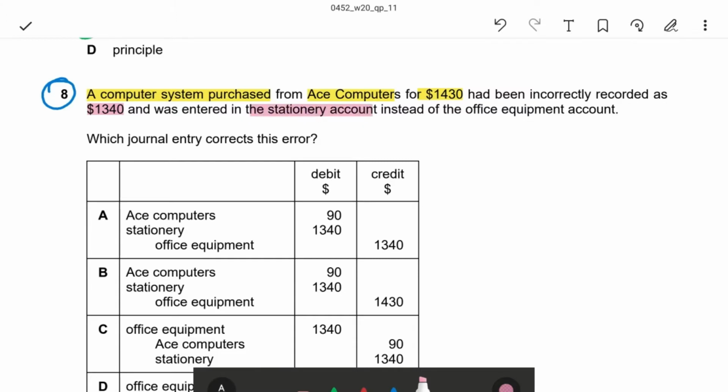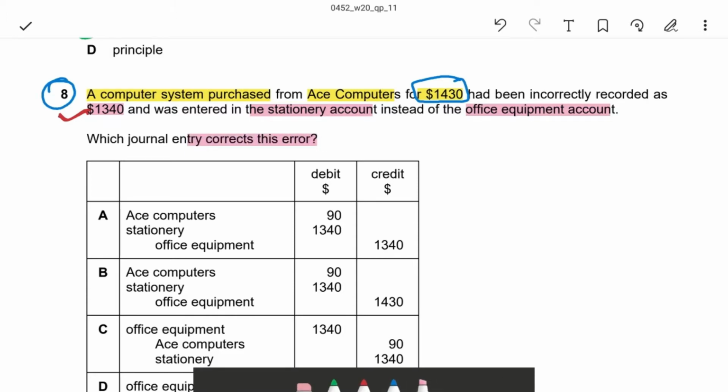There is another mistake: they entered this in the stationery account instead of office equipment. Which journal entry corrects this error? How do we correct this error?